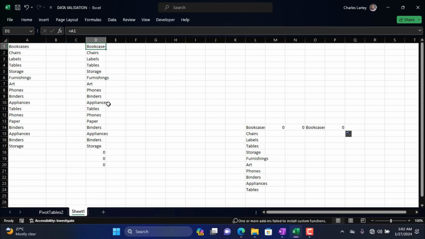If I'm going down, it tries to increase the rows. If I'm going across columns, it tries to reference across columns too. So that is the relative.